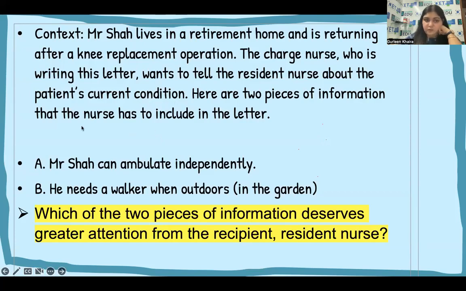Here are the two pieces of information that the nurse has to include in the letter. The first one is Mr. Shah can ambulate independently. The second is he needs a walker when outdoors, and then bracketed information is in the garden. First of all, my question to you is, are these ideas related or should they be written as two separate simple sentences? What do you think?